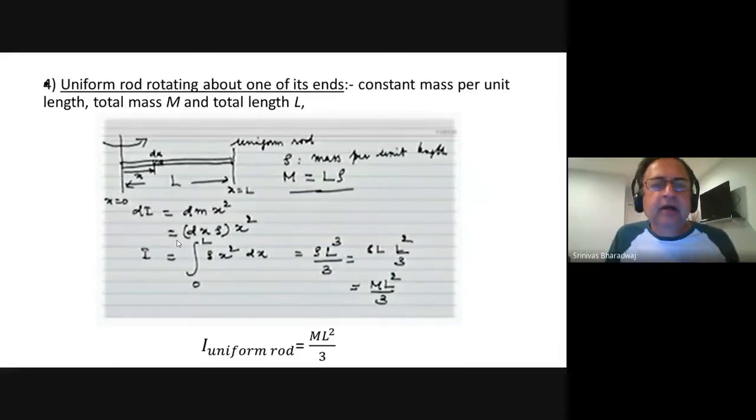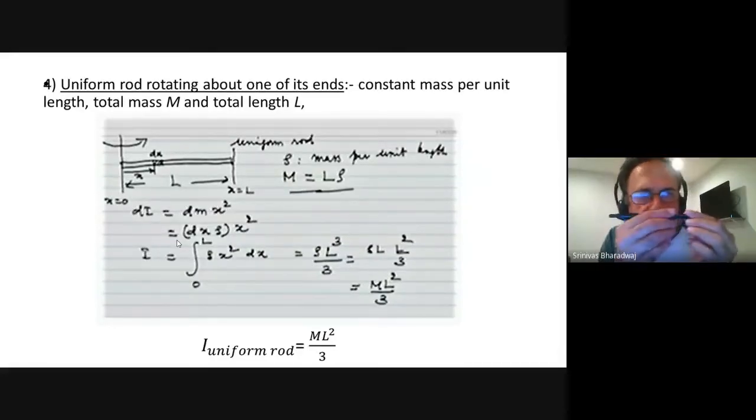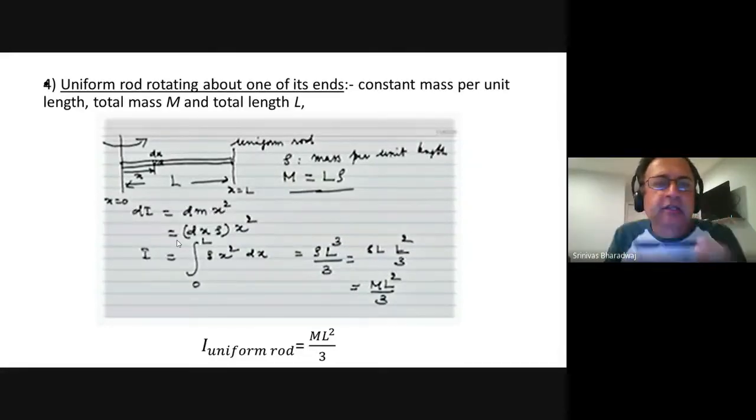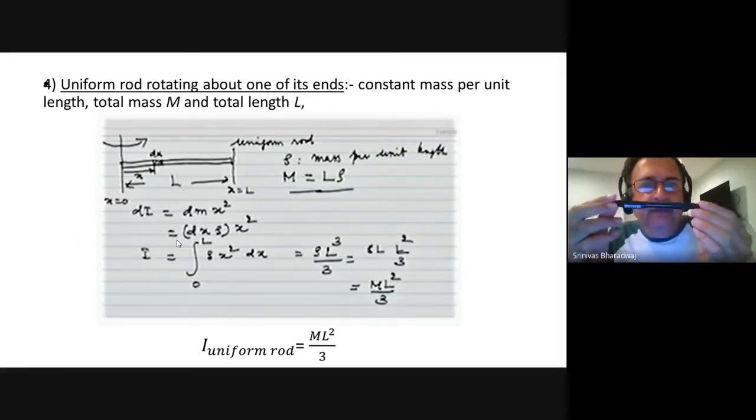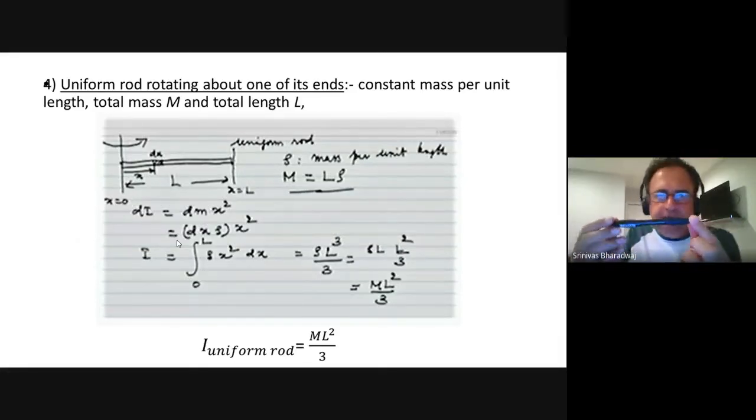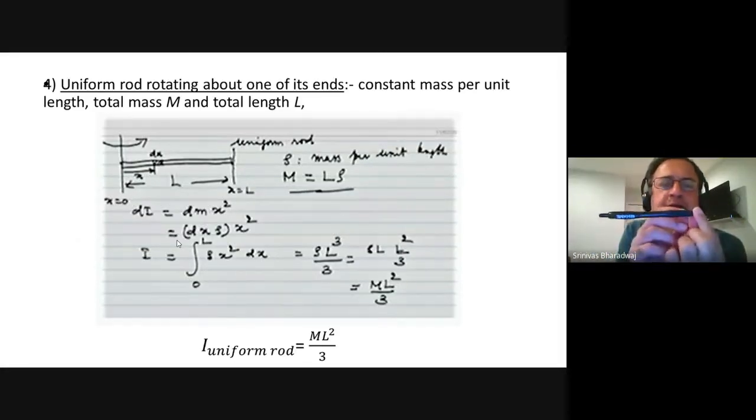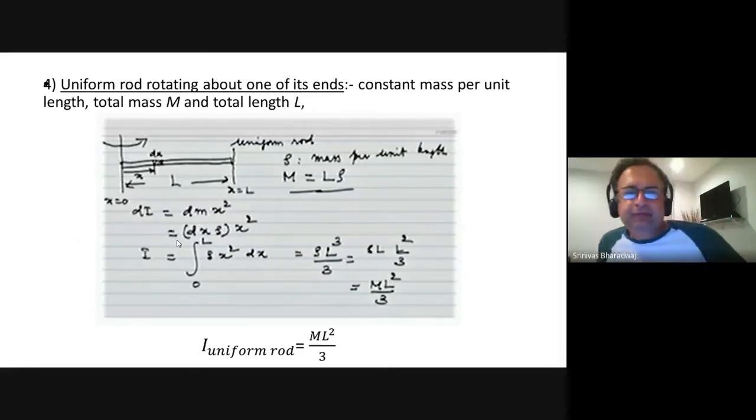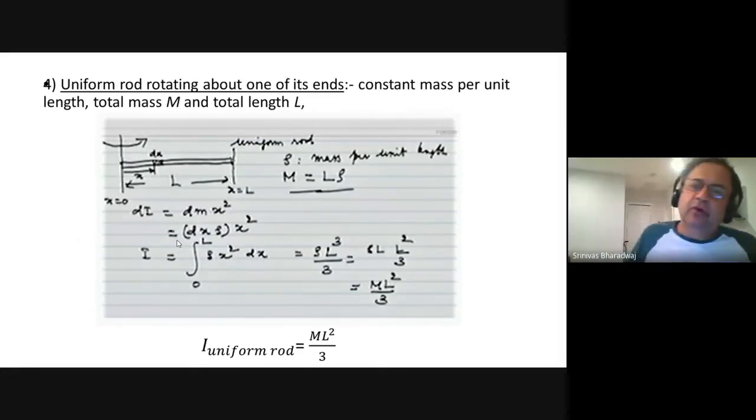Now, if you had a thin rod with uniform length and you want to make it spin, you want to calculate the moment of inertia of this thin rod about this axis. You have each of these points with a small delta L. So x square dm, where m is L times rho, gives rho times x square dx.